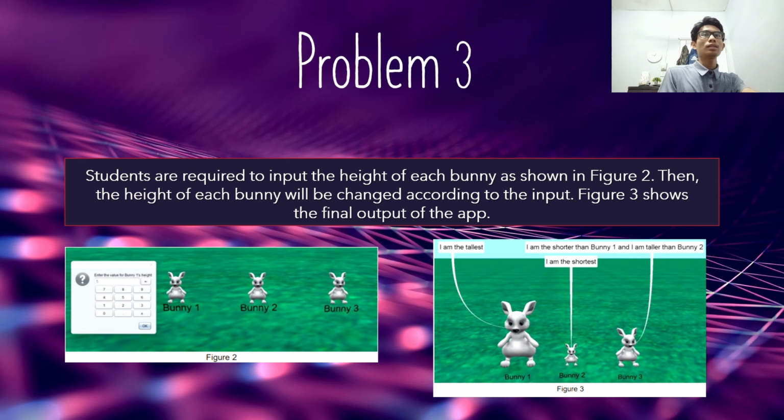So basically, we write a program that asks the user to put the height on their own, then the height that the user inputs will change according to the input.